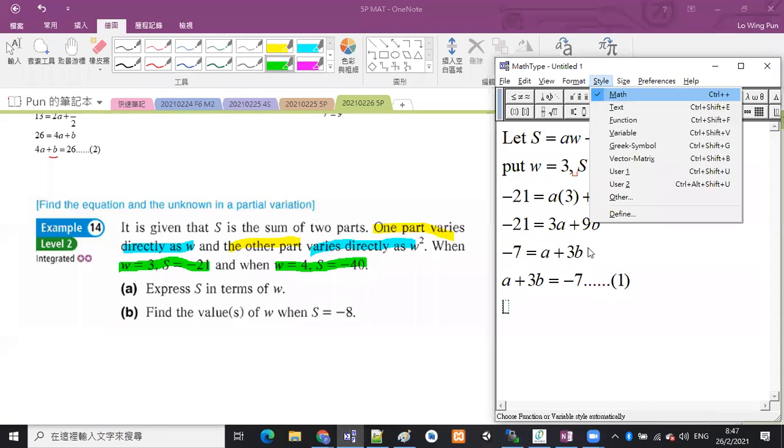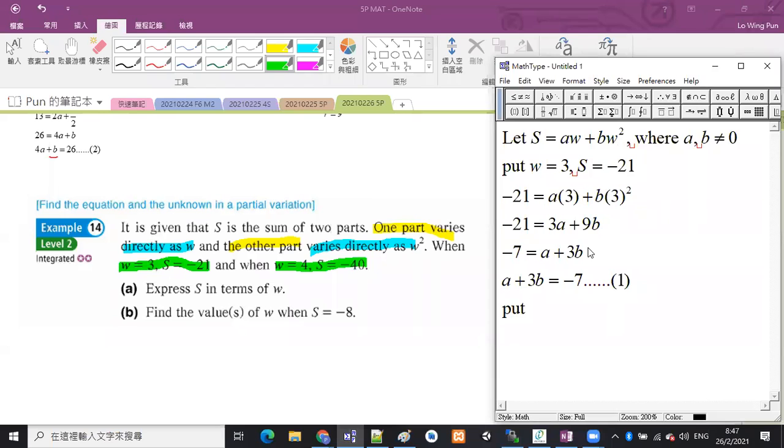Then I write the unknowns on the left-hand side and label this to be equation 1. Okay, and then we put the second group of numbers, W equals 4 and S equals negative 40, into our equation. So negative 40 is equal to A times 4 plus B times 4 squared. Okay, and then we simplify the numbers and terms first. Negative 40 is equal to 4A plus 16B. And again, we need to check for the common factors.